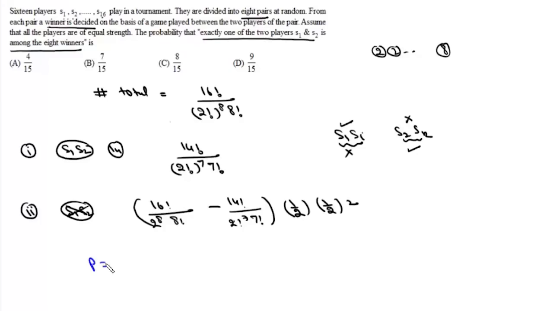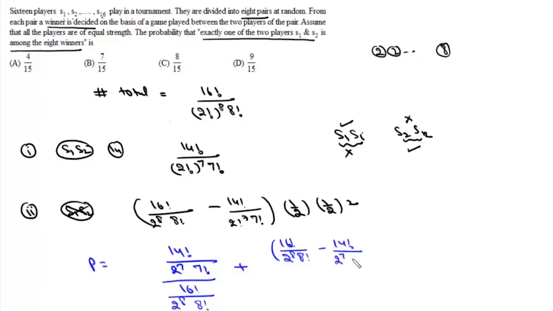Now this required probability will be the favorable cases, factorial 14 upon 2 to the power 7 factorial 7, upon factorial 16 upon 2 to the power 8 factorial 8, plus factorial 16 upon 2 to the power 8 factorial 8 minus factorial 14 upon 2 to the power 7 factorial 7, upon factorial 16 upon 2 to the power 8 factorial 8, into 1 by 2.